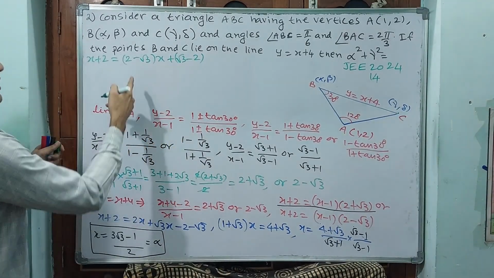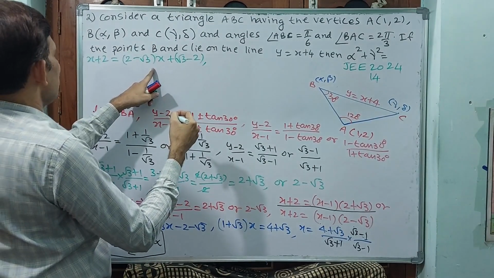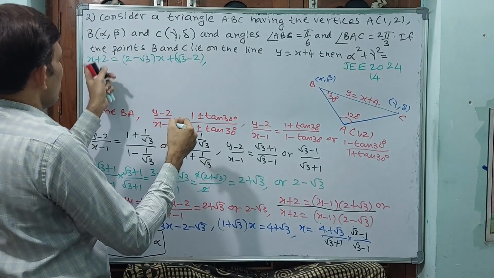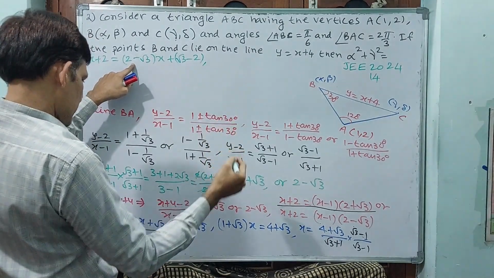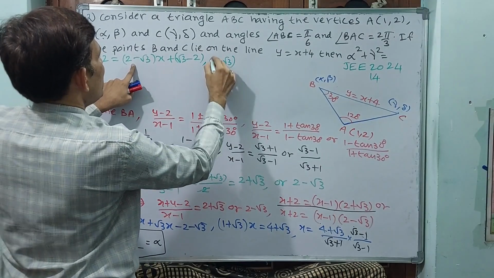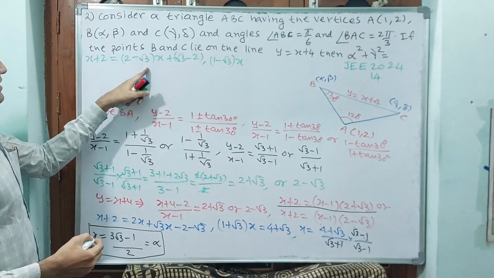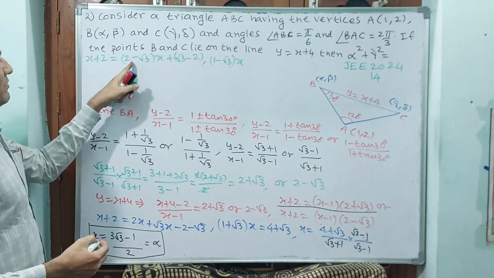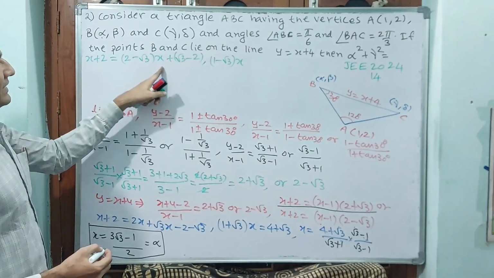Now what I do? x I will send this side. If I send x this side, 2 minus 1, 1 minus root 3. Here 1 plus root 3. Yes, 1 minus root 3 into x. Minus 1x means 2 minus 1, 1 minus root 3x.